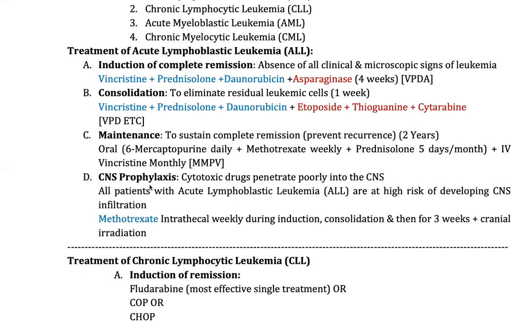The drugs used for acute lymphocytic leukemia are VPDA, that is vincristine, prednisone, daunorubicin, asparaginase, and consolidation VPD ETC. A is replaced by the ETC. And for maintenance, you need to give MMPV. And for CNS prophylaxis, you have to give methotrexate.